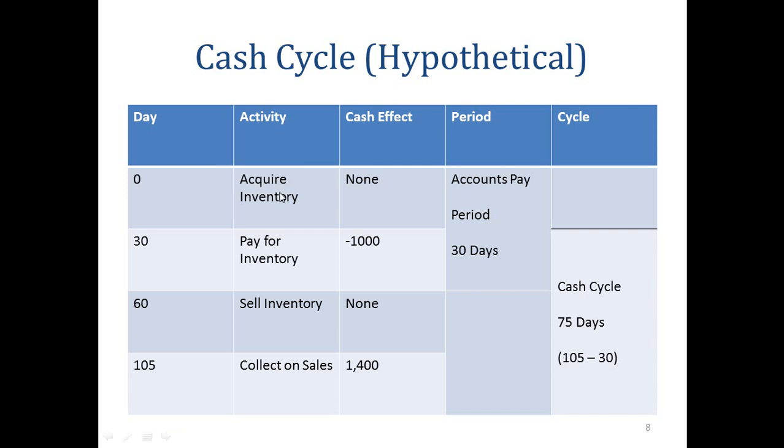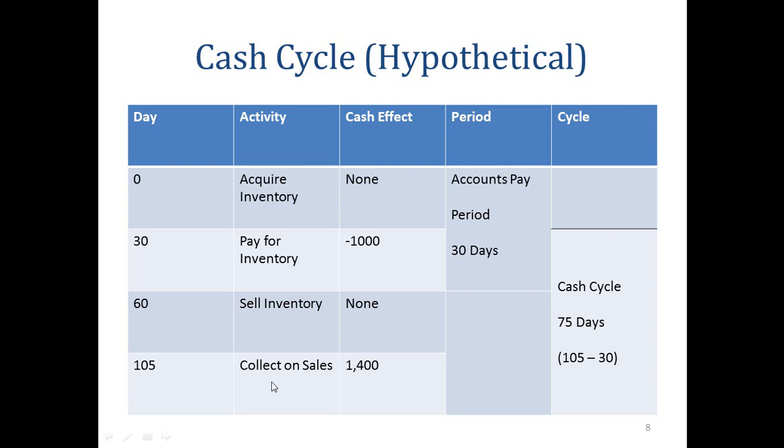On this day, I call in and make the order. I get the materials, but I don't actually pay for it for 30 days. So I pay for the inventory 30 days from that point. Then it takes me about 30 days to sell the inventory. So 30 days later, at the 60-day point, I'm able to sell the inventory to customers.